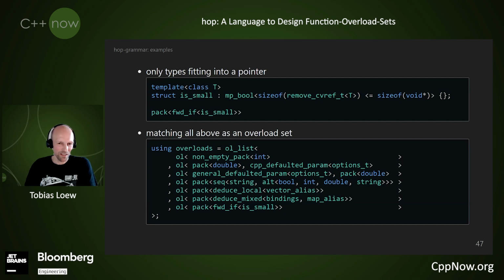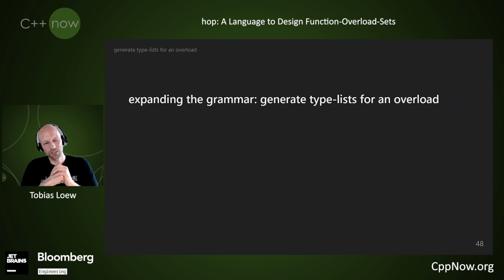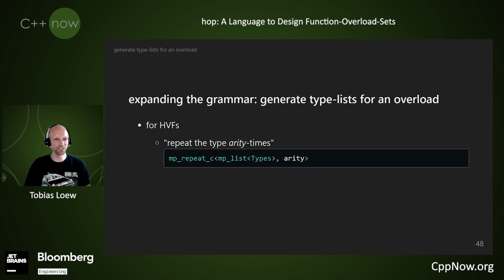Now the second part was generating type lists for an overload. So this was for homogeneous variadic functions quite easy. We simply had to do this MP repeat for the arity of the call.